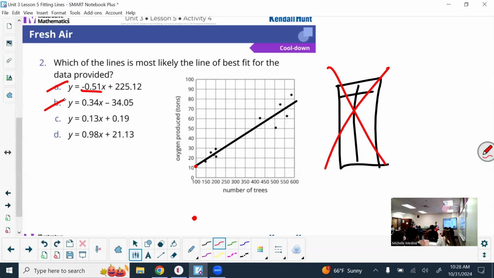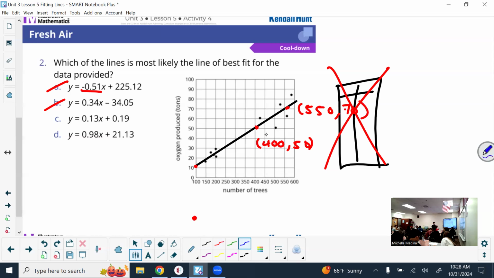I would probably need to do the actual math for the slope to pick which is best, which is still possible. You can do that. Pick two points that you can see pretty clearly. So like this one is 450, and this one over here is 550, 70.